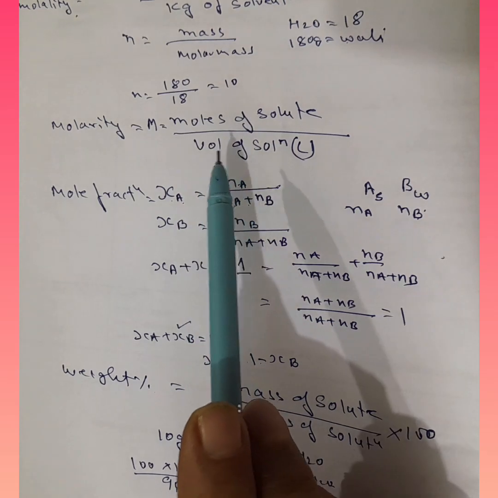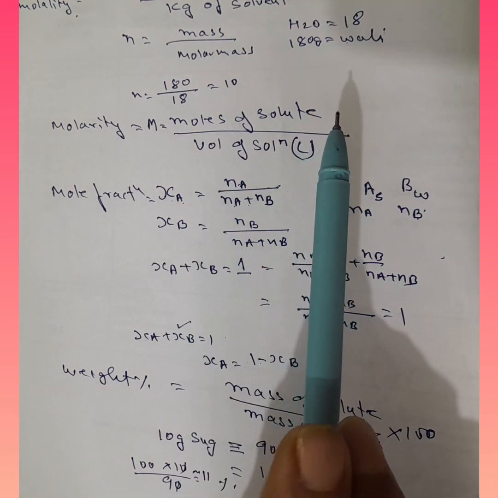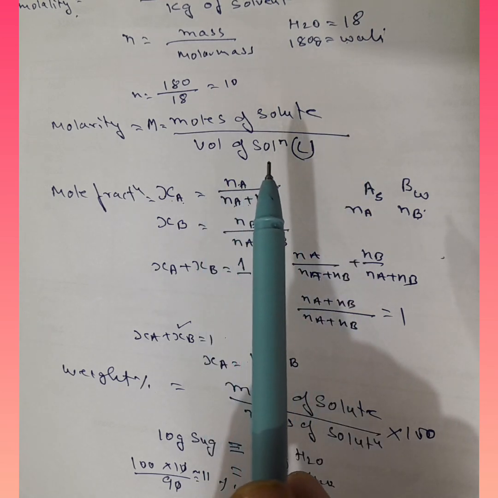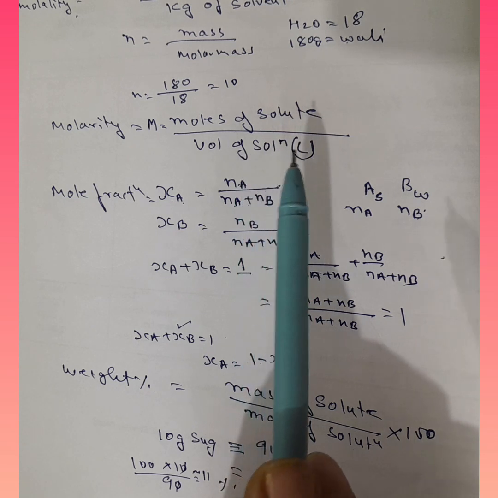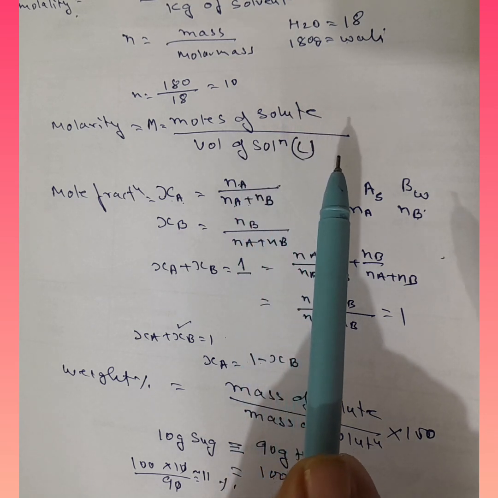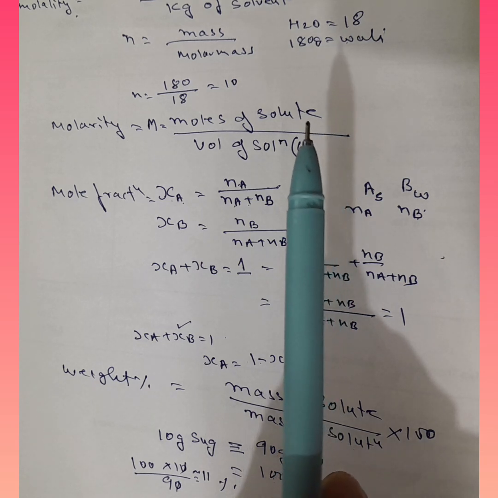In case of molarity, let me explain. I take 10 grams of sugar and dissolve it in 1 liter of hot water, and then I cool it. When I cool it, what happens? Water expands when it is hot, so when I dissolved it in hot water, the volume of water was more.